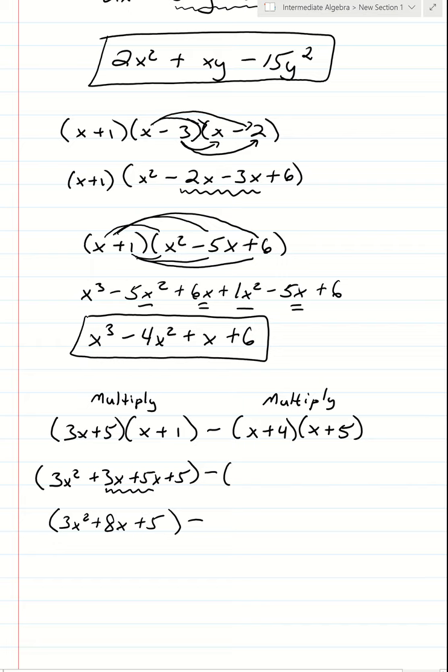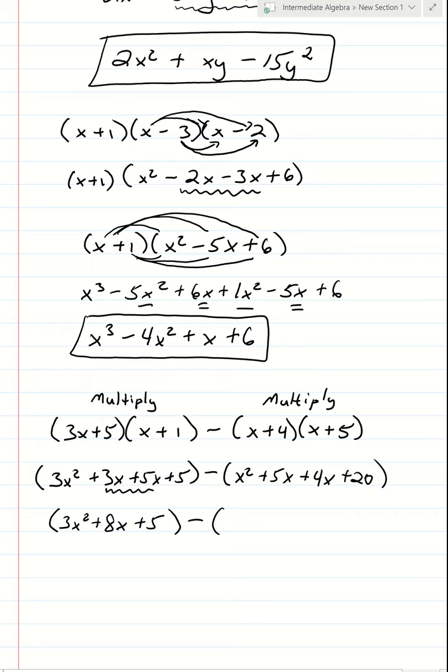Next, I have to multiply these 2 polynomials together. And of course, if I multiply x times x, you get an x squared. x times the 5 would give you a plus 5x. 4 times x would give you a plus 4x. And then 4 times the 5 would give you a plus 20.